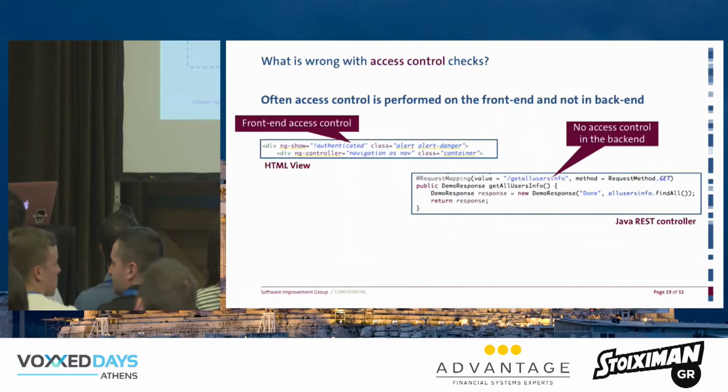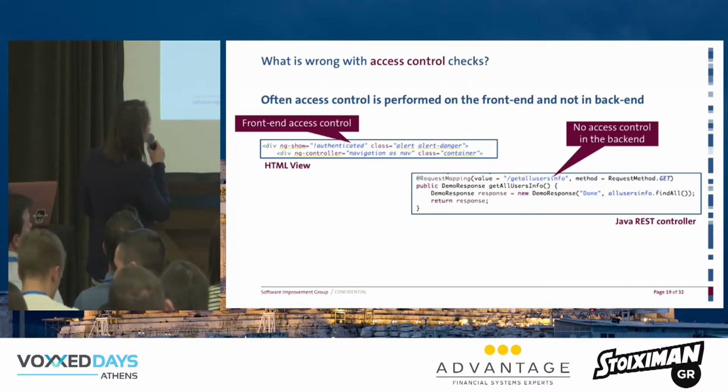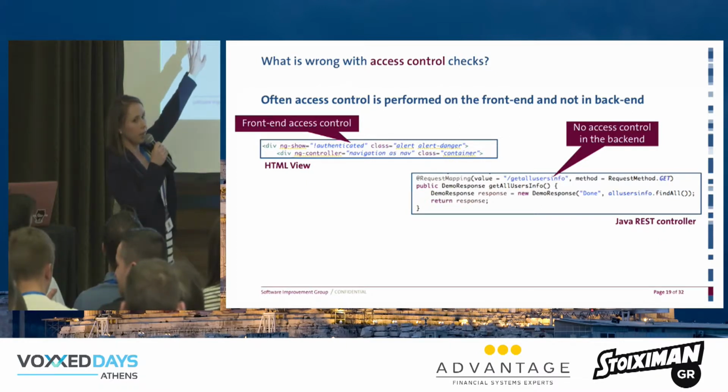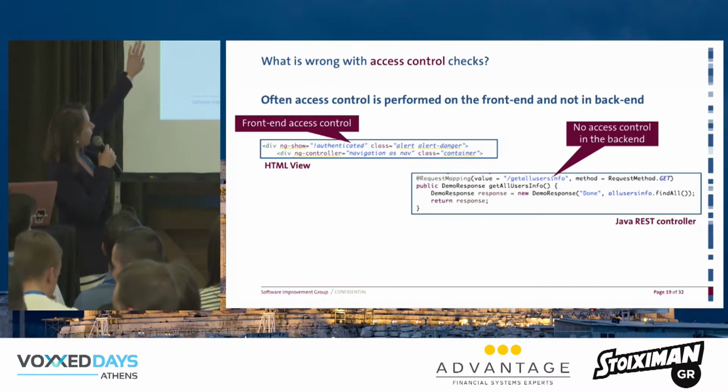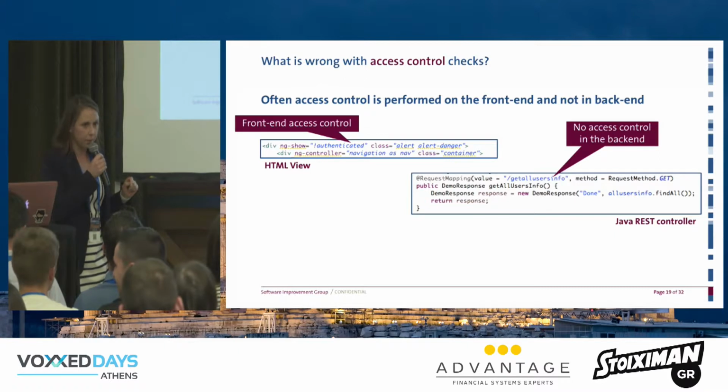So the problem we see often is that access control happens not in the back end of the applications, but in the front end. I don't know if you can actually see the code that is written there, but this is an HTML view and what it says there is, if not authenticated, then show something.